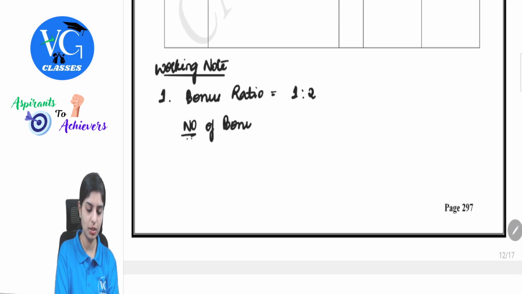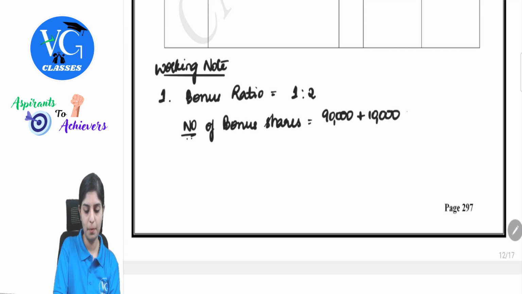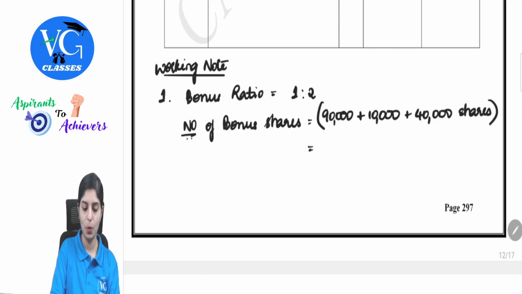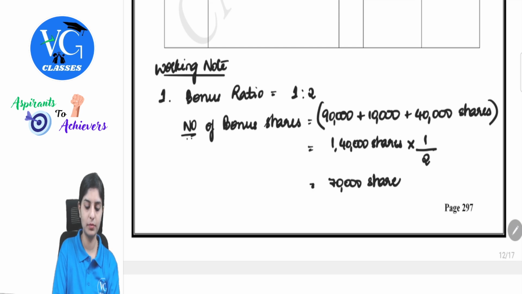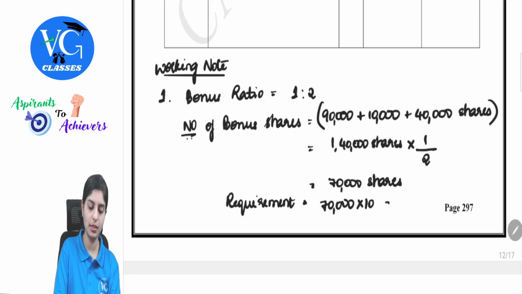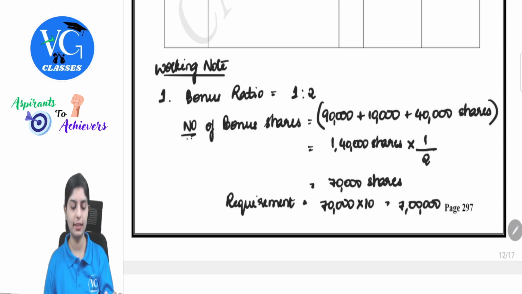Number of bonus shares is 90,000 plus 10,000 plus 40,000 shares. This is 1,40,000 shares into 1/2. So this will be 70,000 shares. So requirement in monetary wise would be 70,000 into 10 rupees, 7 lakh. So total 7 lakh is required.